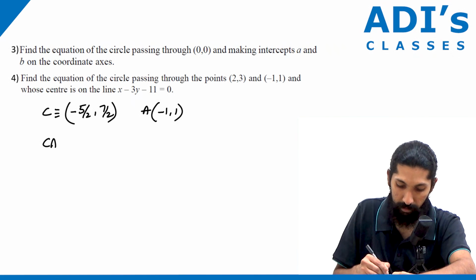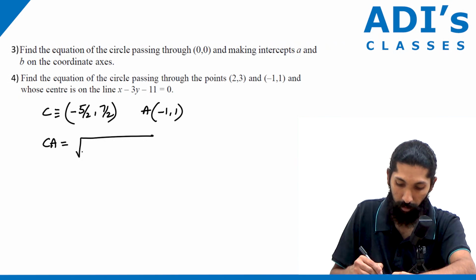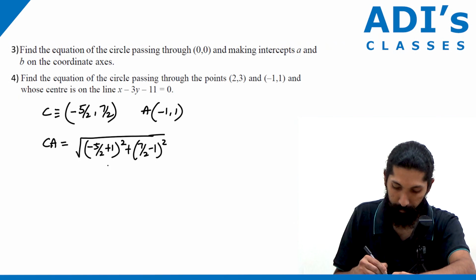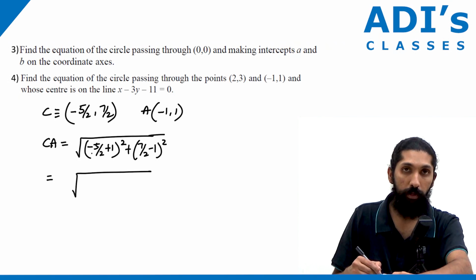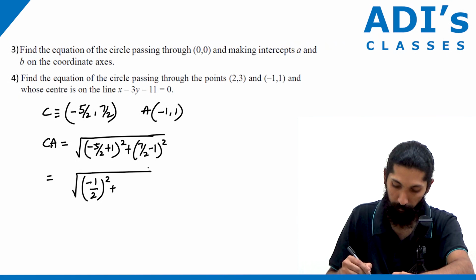Now calculate CA, which is root of minus 5 by 2 plus 1 whole square plus 7 by 2 minus 1 whole square, which is root of minus 3 by 2 whole square plus 5 by 2 whole square.